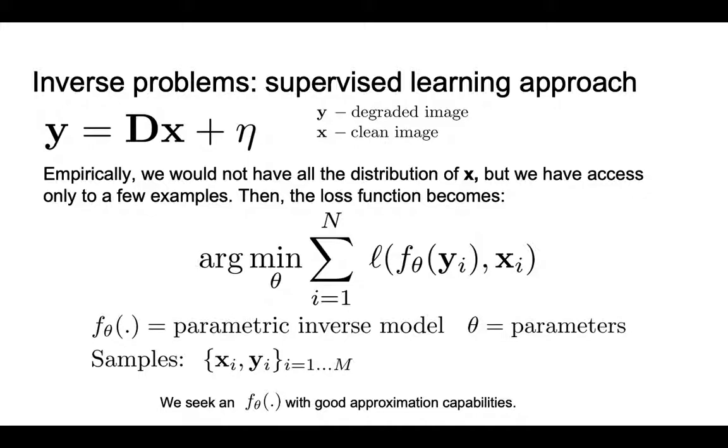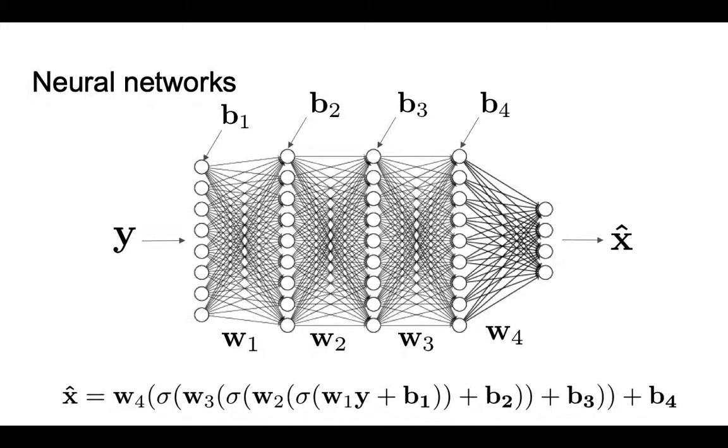But we want something that has much better approximation capabilities. For example, that's why we turn to neural networks. It is defined like this. Let's say this is a fully connected neural network, in which it gets an input y. It just multiplies with some weight matrix W1, and some bias B1.